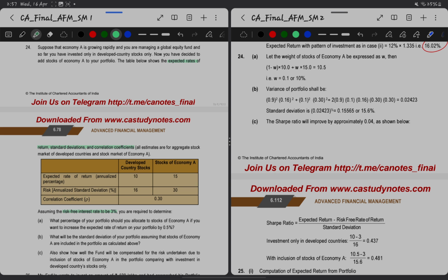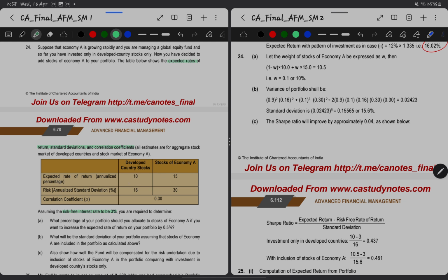So weights on the portfolio multiplied by the returns of the respective stocks, and the summation of that will give us the portfolio return. In this case, they are telling us the current portfolio, and if we increase it by 0.5 percentage, then what will be the ratio of the investment in these developed country stocks and stocks of economy A.